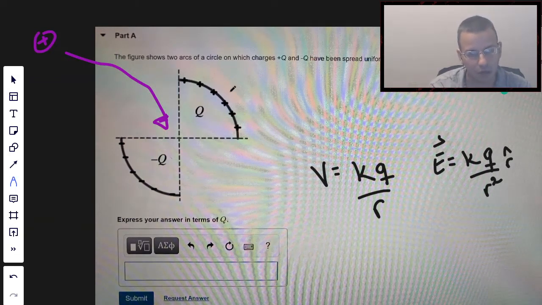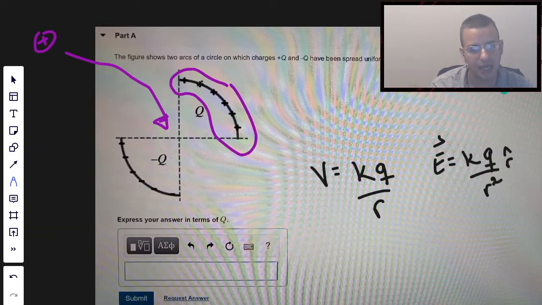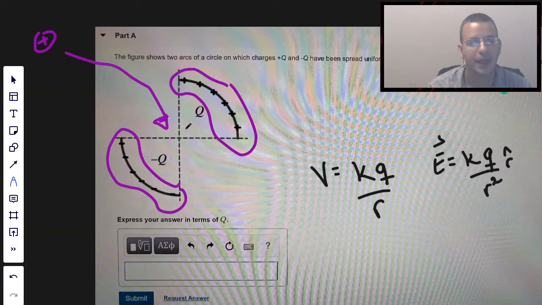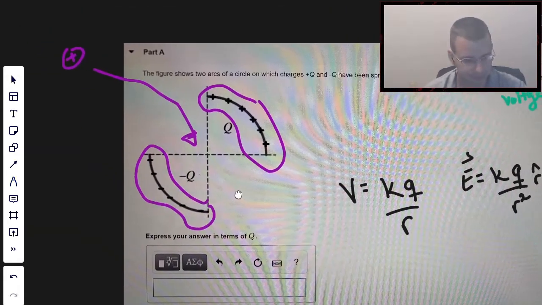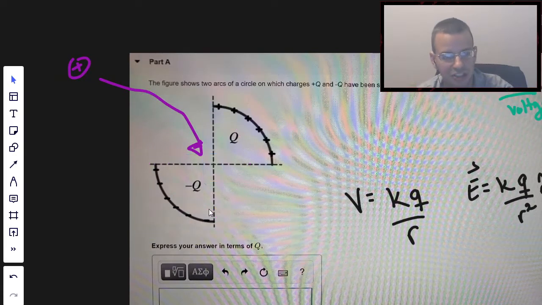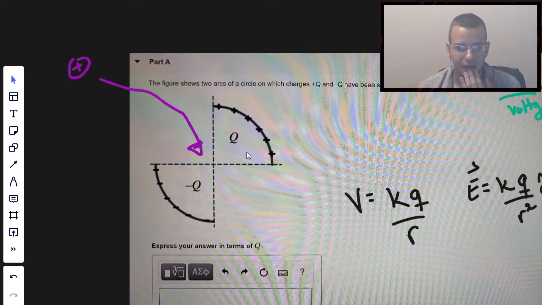As we're bringing this forward, it's going to be repelled by the positives right here, but it's going to be attracted by the negatives right here. And since it is symmetrical, I think this is going to be 0. So you're going to have just as much pulling from the negative charges as you're going to have repelling from the positive charges.